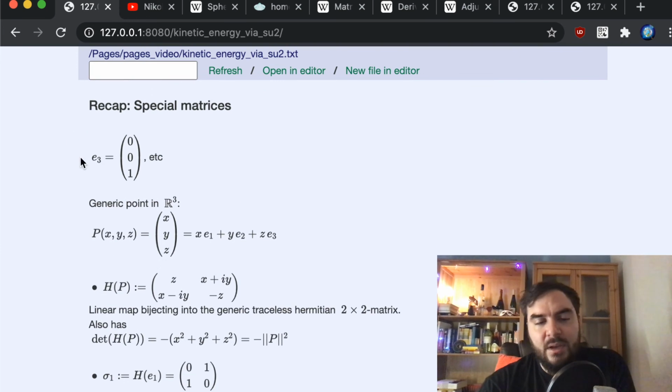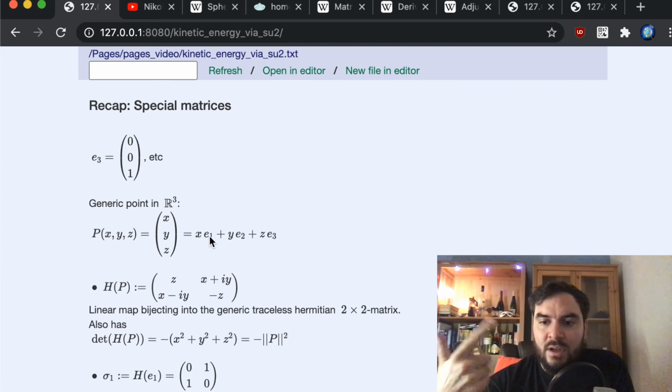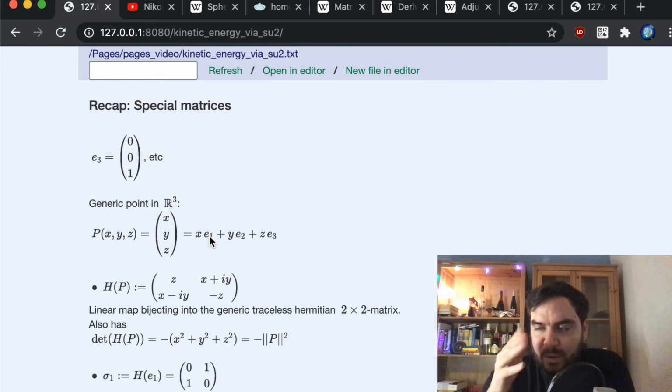So yeah, okay, we define a unit vector in a 3-dimensional space, and then we define a general point depending on coordinates is given like that, where these e_i are of course just the unit vectors in one direction. They are orthogonal to each other, and this is in some given frame.